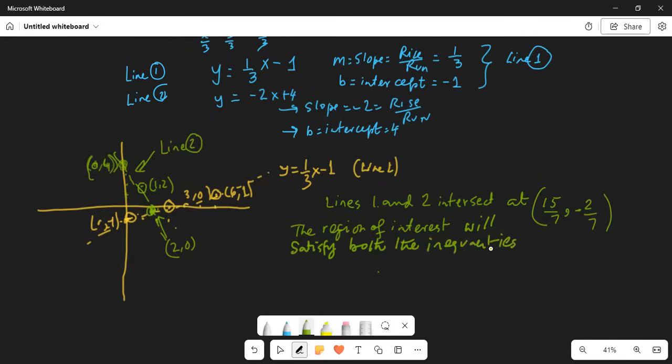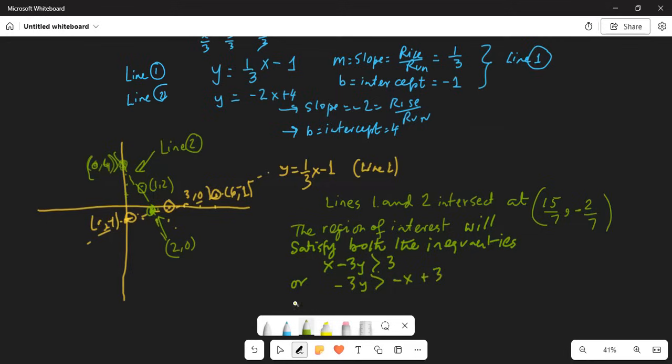And the first one is x minus 3y greater than 3, or if I subtract x on both sides, minus 3y greater than minus x plus 3.